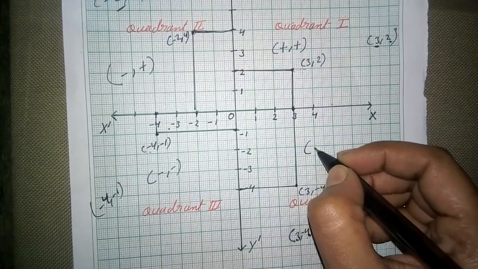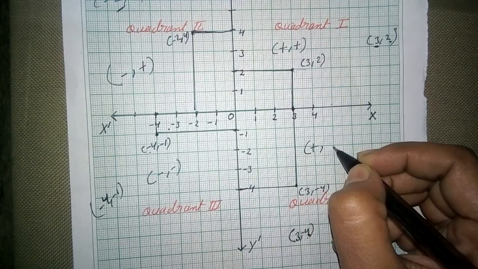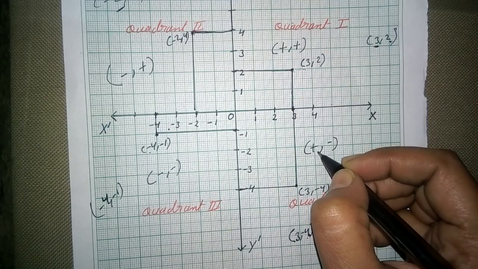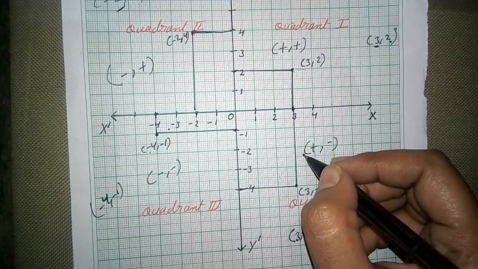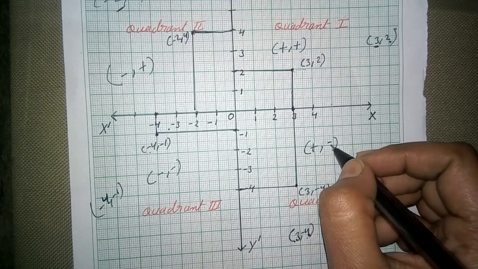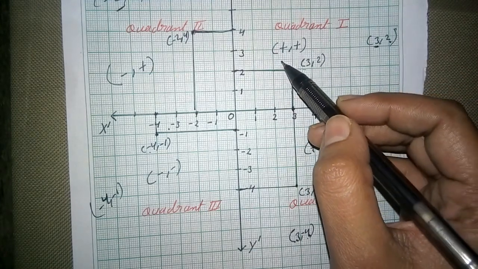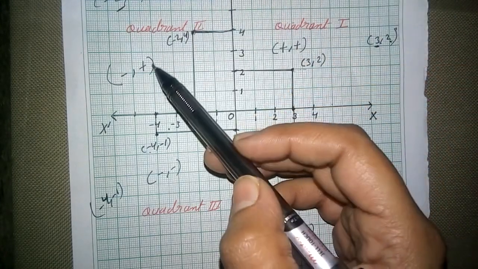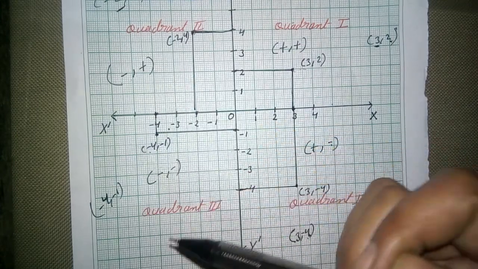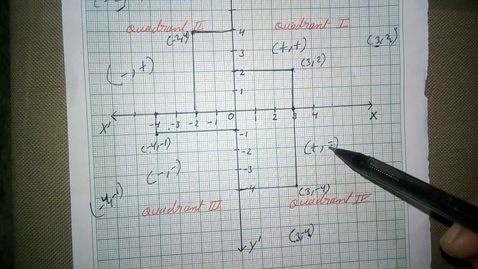So here first the abscissa is positive and then the ordinate is negative. So for the fourth quadrant, the point will be in the form of positive, negative. In the first quadrant the points are in the form of positive, positive; in the second quadrant negative, positive; in the third quadrant negative, negative; and in the fourth positive, negative.